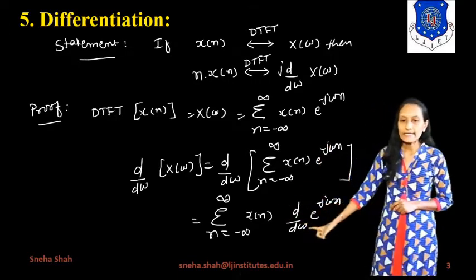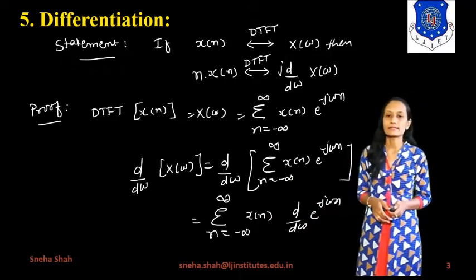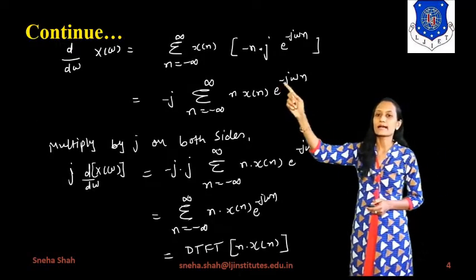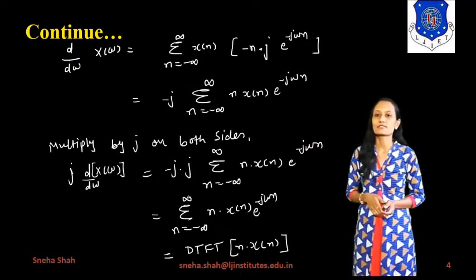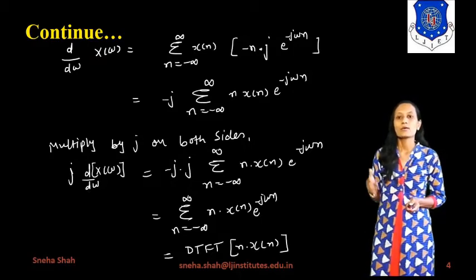First of all, we take the differentiation of this, and then we apply the next rule. So d by d omega X of omega equals summation n equals minus infinity to infinity x of n, and the differentiation of e raised to minus j omega n is minus j into n into e raised to minus j omega n. Why?